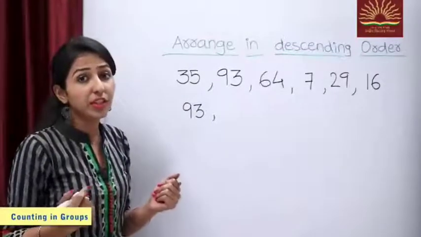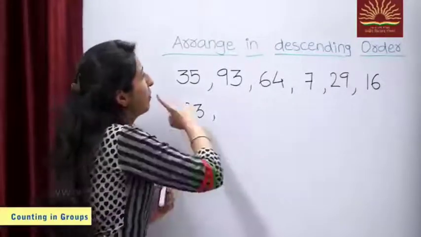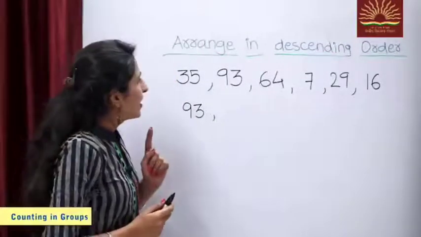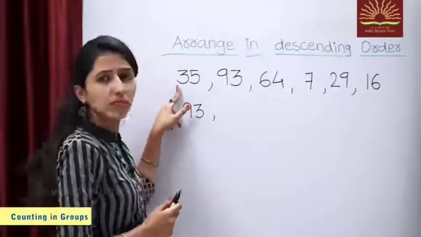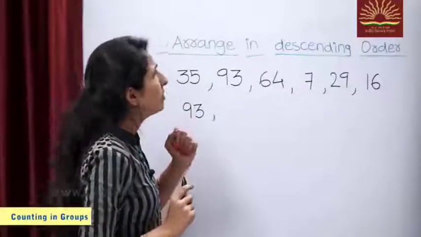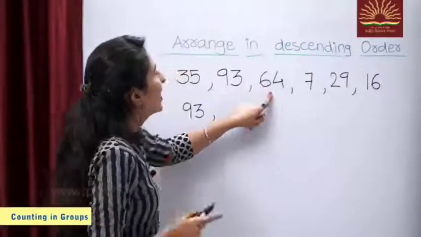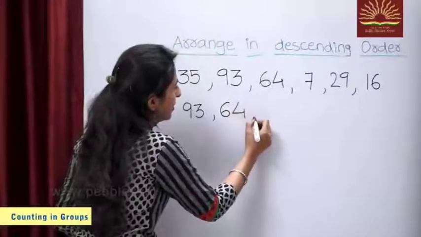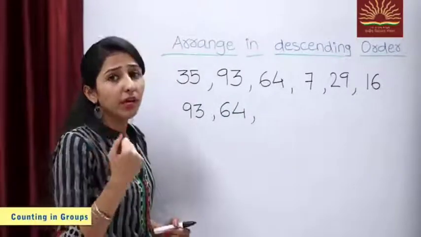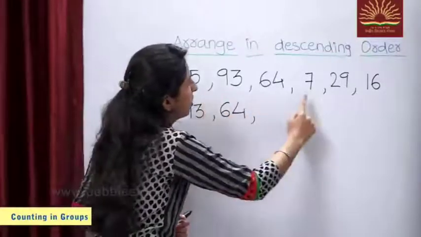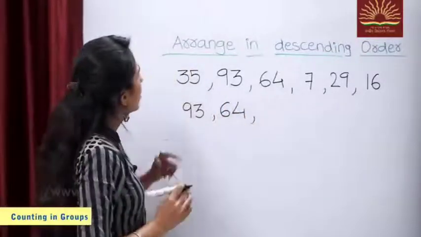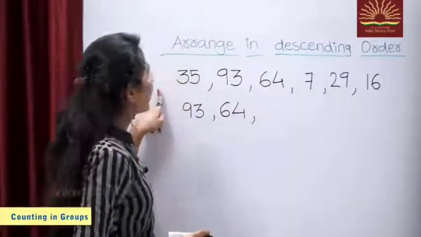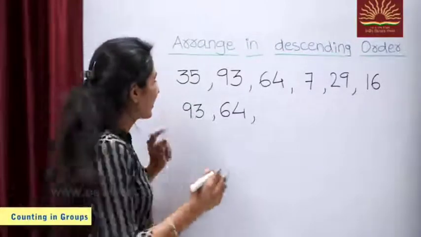Tell me, students, which number will come after 93 from these numbers? 35? No. Then 64. Which number will come after number 64? Number 35.